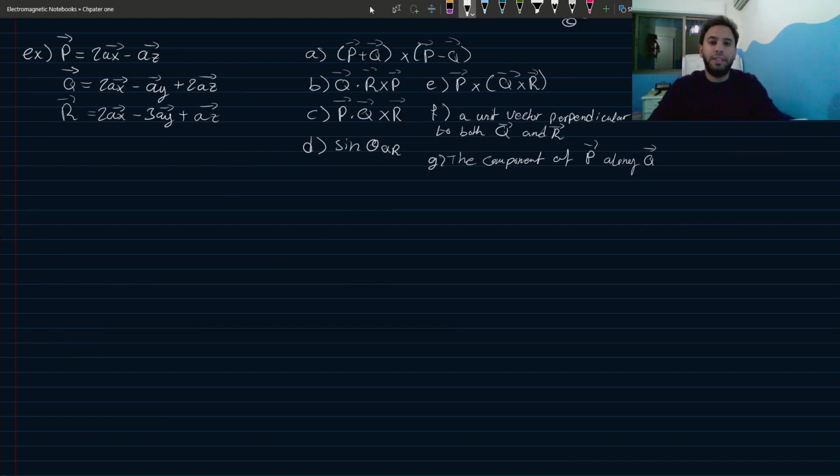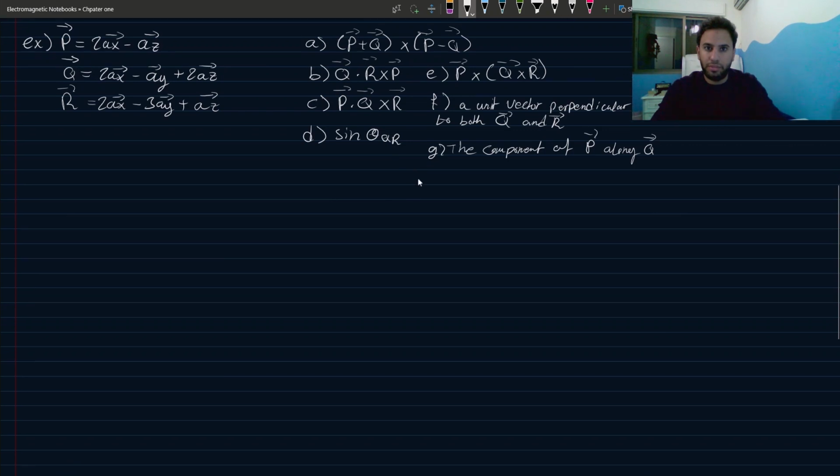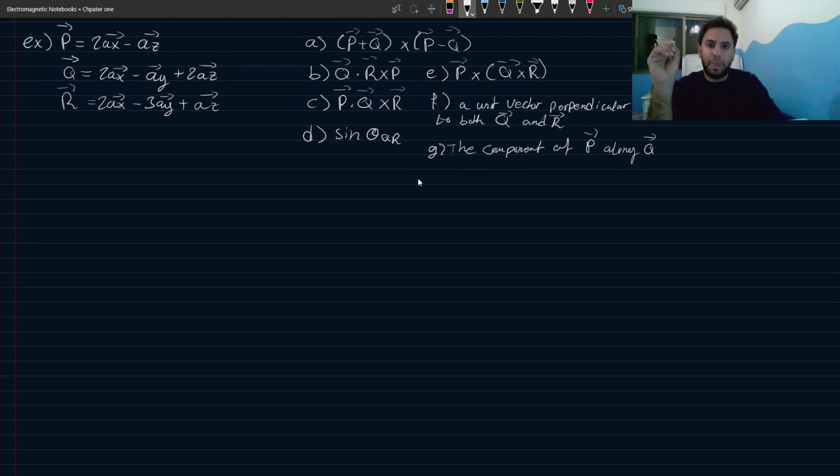So, the second example. We have three vectors, vector P, vector Q, and vector R. And we have 7 problems. The first one is find the value of P plus Q in parentheses multiplied by P minus Q. Second one is Q dot R cross P. The third one is P dot Q cross R. Fourth is sine theta QR.